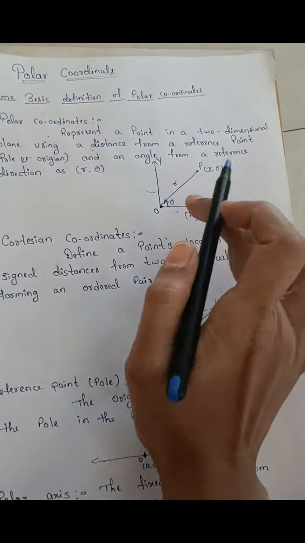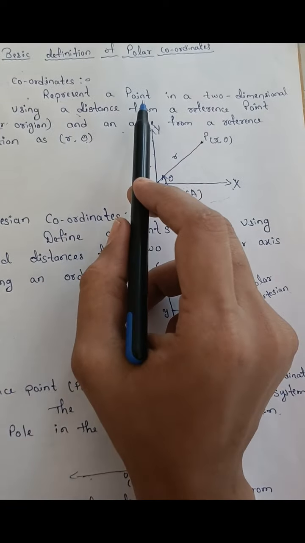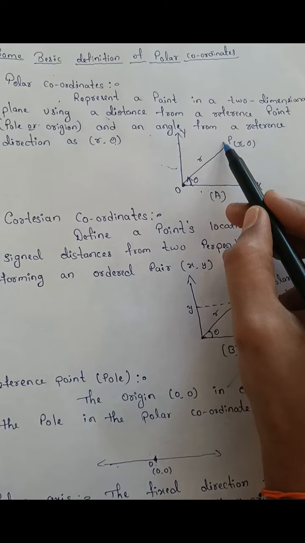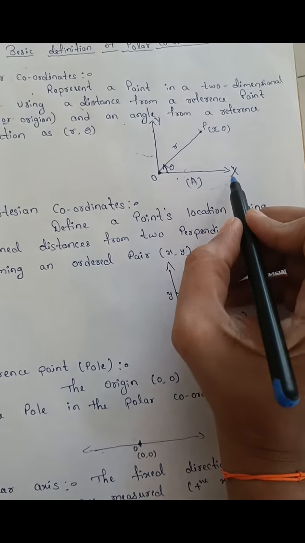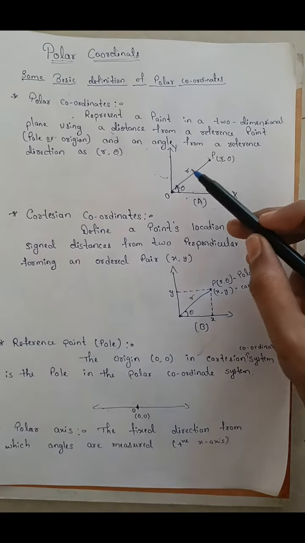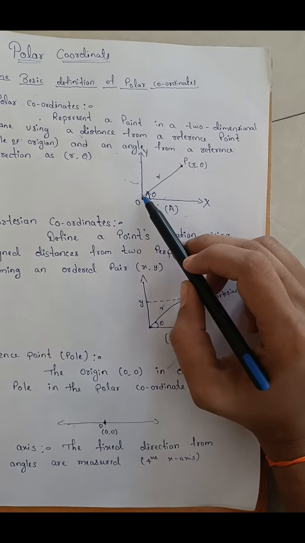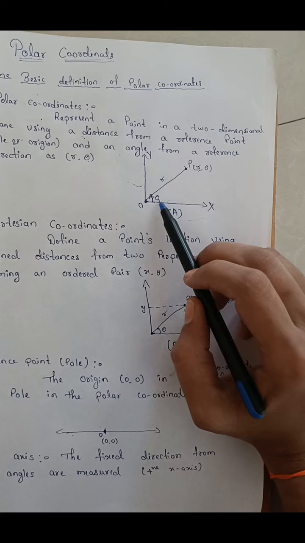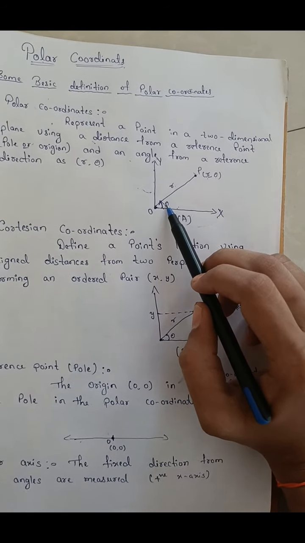Then come to this diagram A. What is the definition here? A point in a two-dimensional plane. Two-dimensional means x-axis and y-axis. r is the distance between point P and origin O. Then a reference direction theta, which means a particular direction.